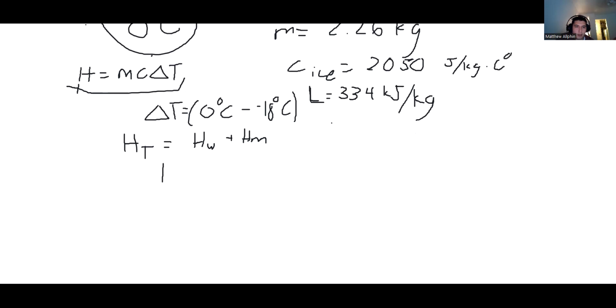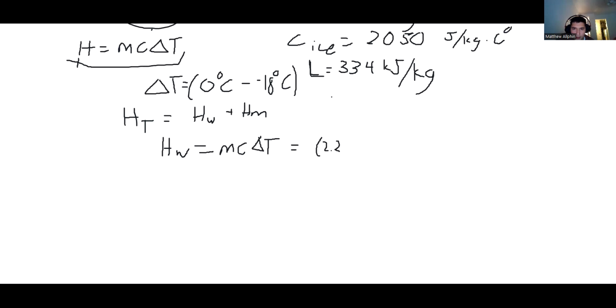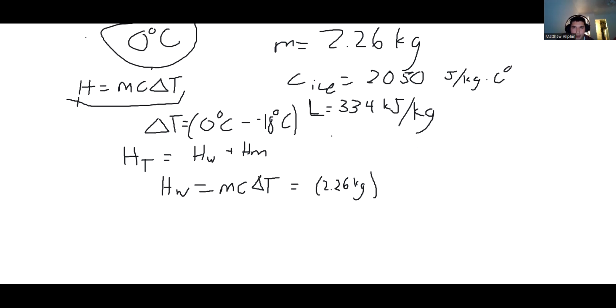So my HW, the heat it takes to warm up, is going to be my mass times my specific heat times delta T, which is going to be, my mass is 2.26 kilograms, and my specific heat is 2050 joules per kilogram Celsius degrees.